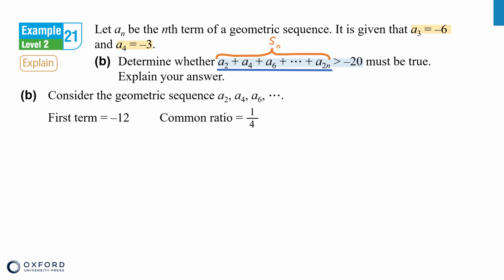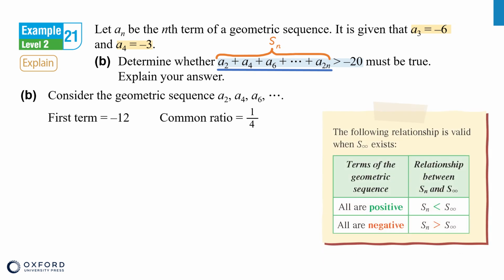Think about the sum to infinity. For any geometric sequence where the sum to infinity exists, if all its terms are positive, the sum of the first n terms must be less than the sum to infinity. If all its terms are negative, the sum of the first n terms must be greater than the sum to infinity.